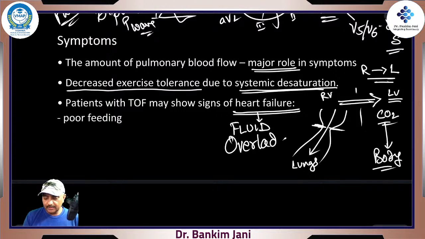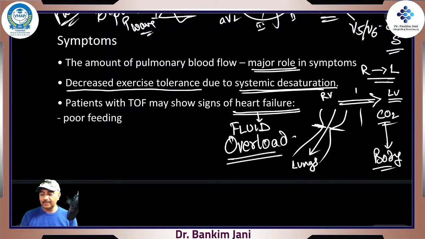The fluid which should have been leaving the heart is now getting overloaded. The right ventricle is enlarged, and then it tries to push that blood into the left ventricle, causing fluid overload, and poor feeding, same lack of oxygen, right? So the growth and everything would be badly affected.